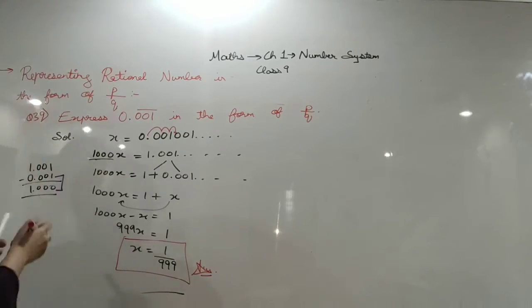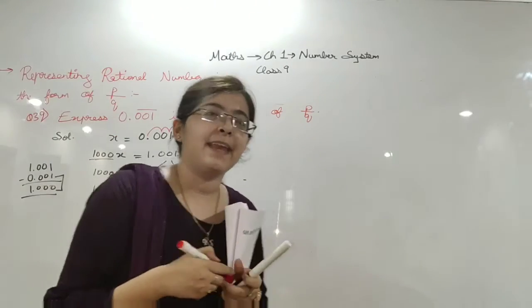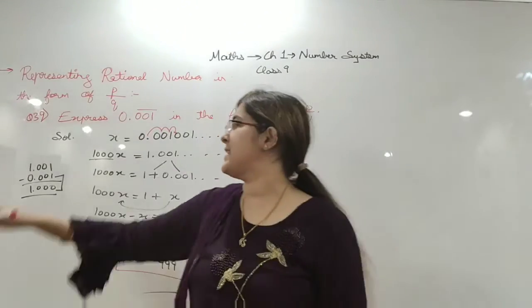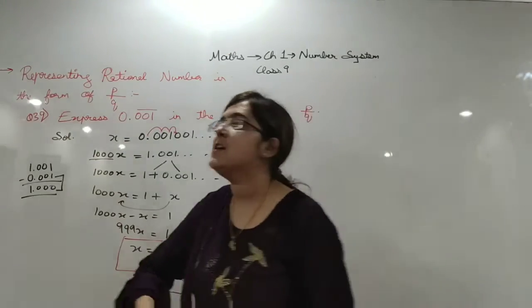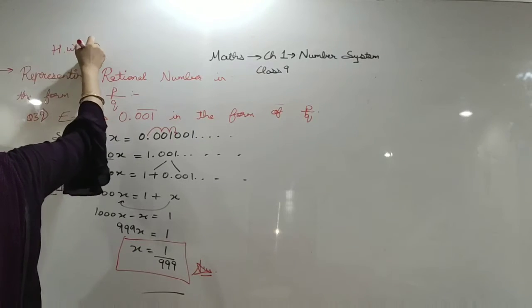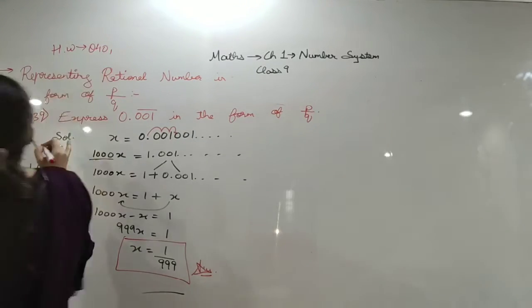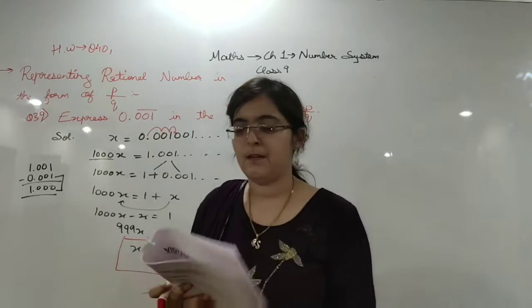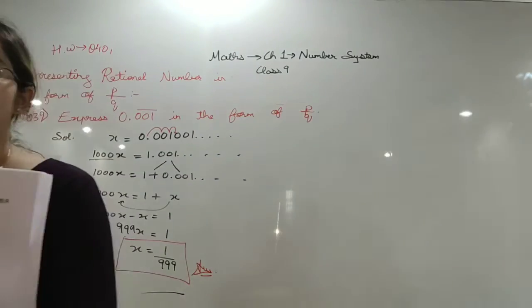Okay, we were solving question number 39. Now see question number 40. Question number 40 is same as question 39. So it will be your homework. Your homework will be question number 40. It is same as question number 39. Note it down.